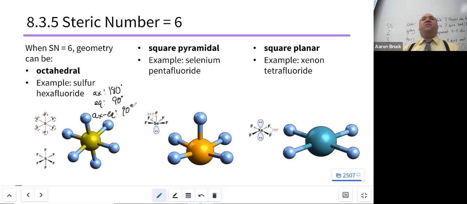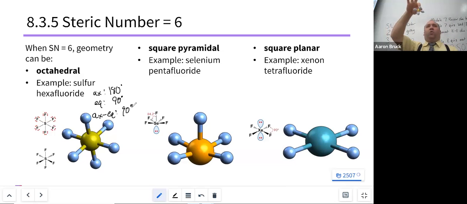What's interesting about the octahedral is that all of the positions are equivalent. So we're back to the same kind of stuff that we saw with tetrahedral and trigonal planar. Every single one of these positions is equal, and you can prove that to yourself.